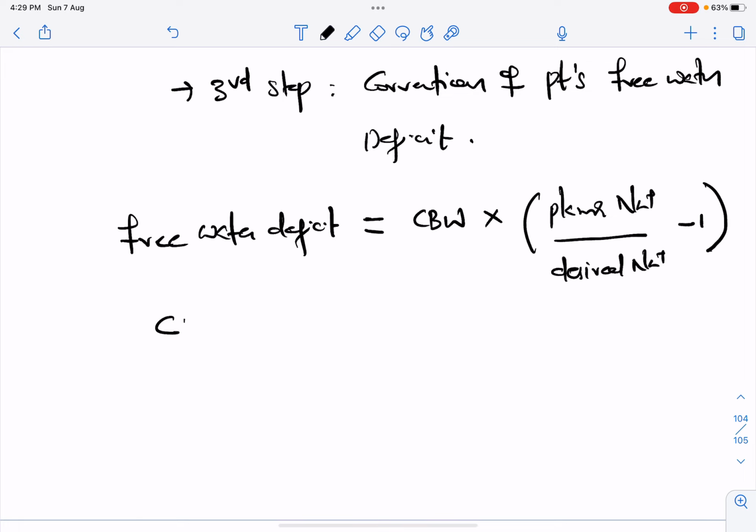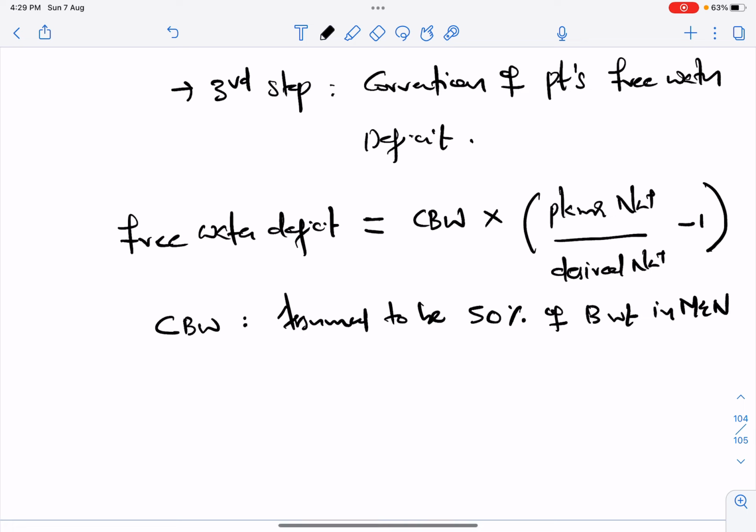So the current body water is assumed to be 50% of body weight in men, and 40% in women. Okay, this is how we calculate.